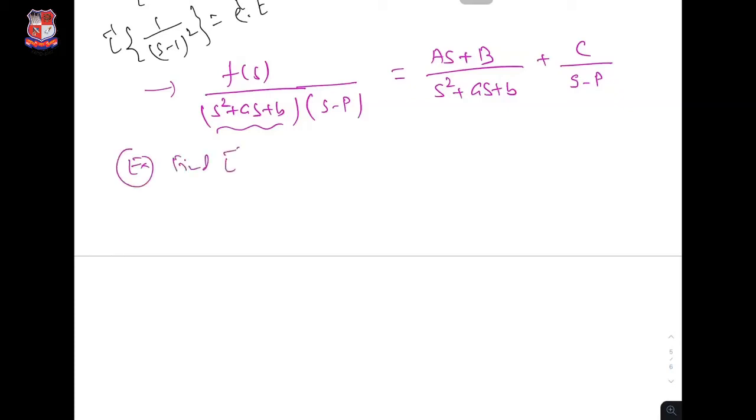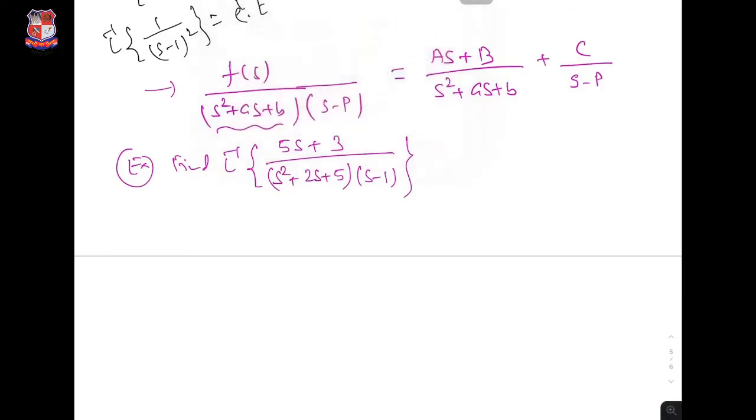Find the inverse Laplace transform of (5s plus 3) over (s square plus 2s plus 5)(s minus 1).